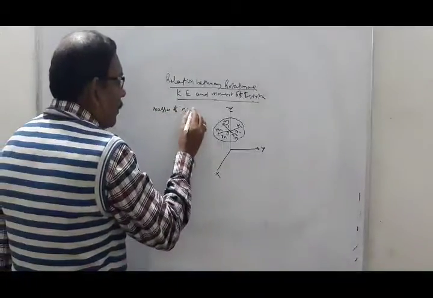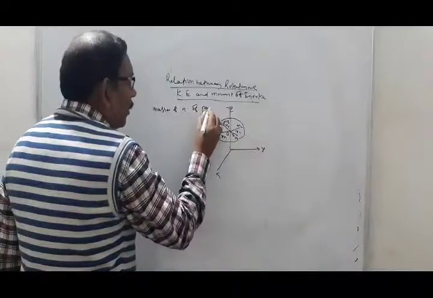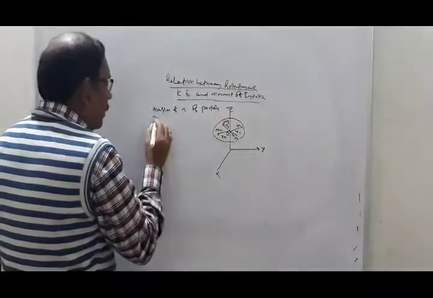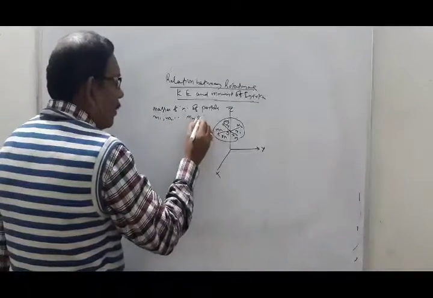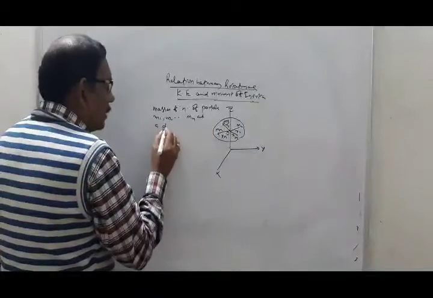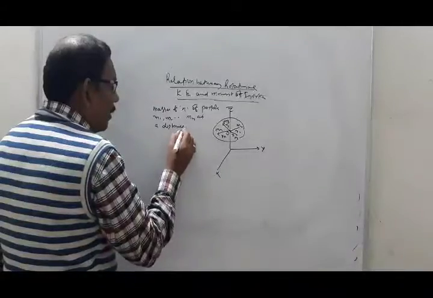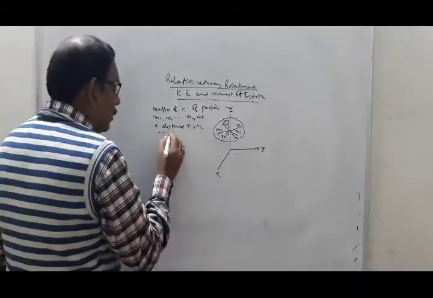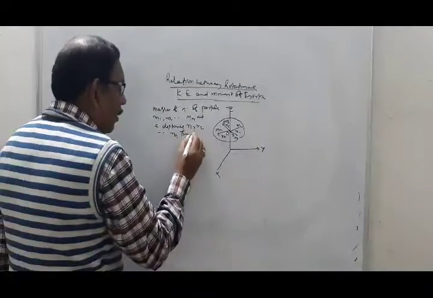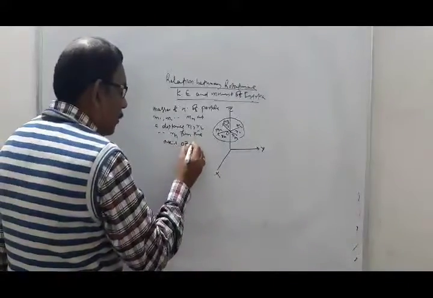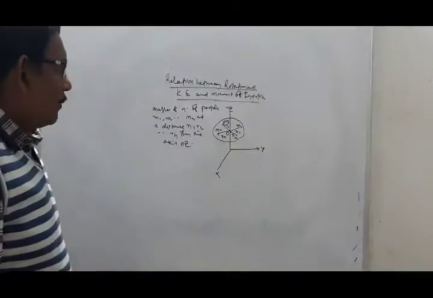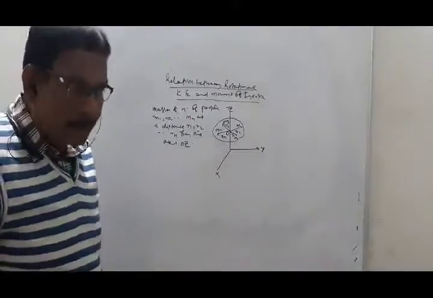The masses of the n particles are m1, m2, mn, at distances r1, r2, rn from the axis OZ. Then what is the rotational kinetic energy here?